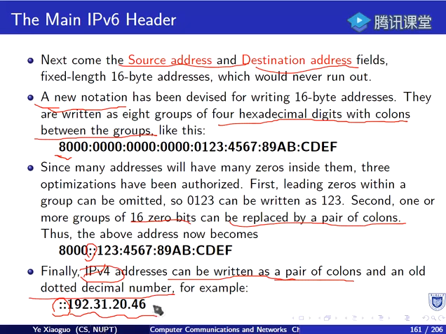For example, like this. So these are the 3 optimizations that have been authorized for writing IPv6 addresses.